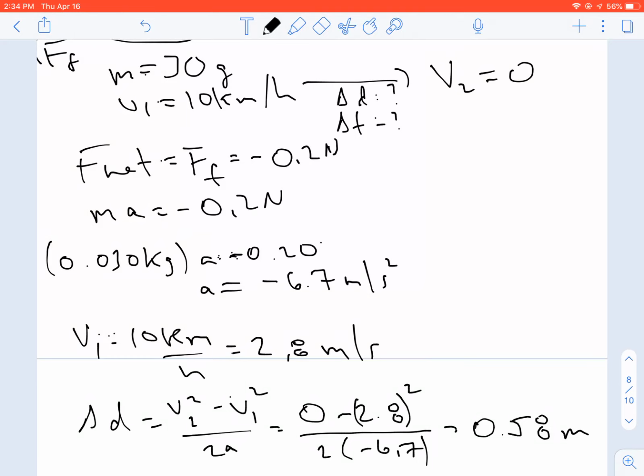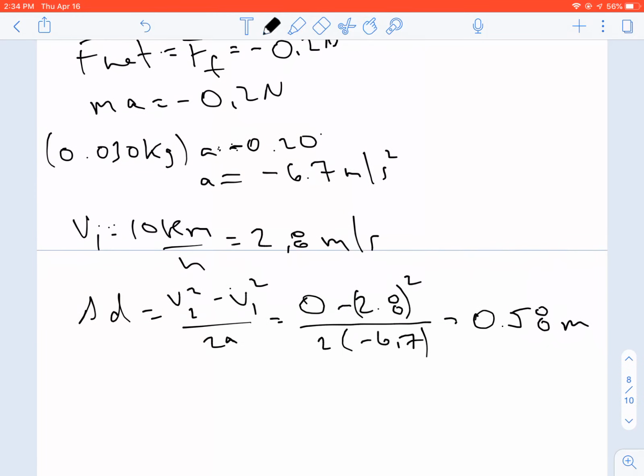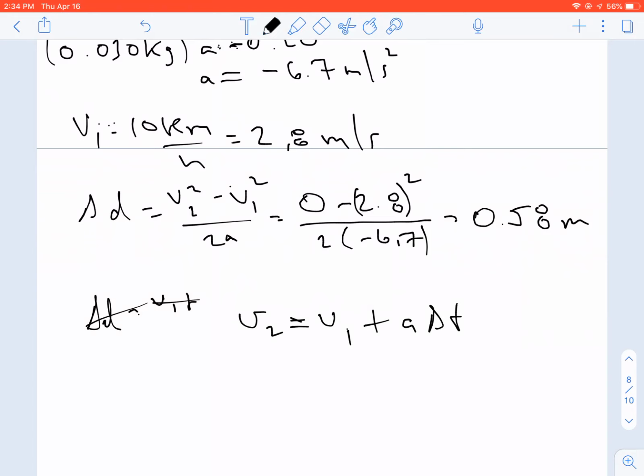There's the distance traveled, and then if I want to solve for the time, why don't we just use V2 equals V1 plus a delta T. And then I know my V2 was 0, my V1 was 2.8 meters per second.